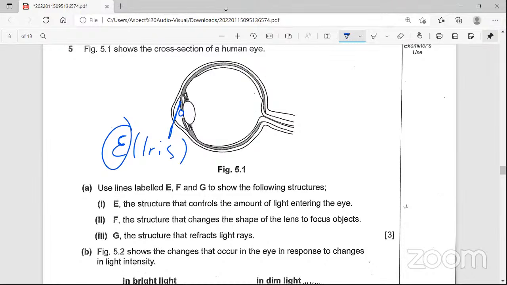Okay. And then the next part, guys, let's quickly move on. F, the structure that changes the shape of the lens to focus on objects. Which one is it? What are they called? Suspensory ligaments.